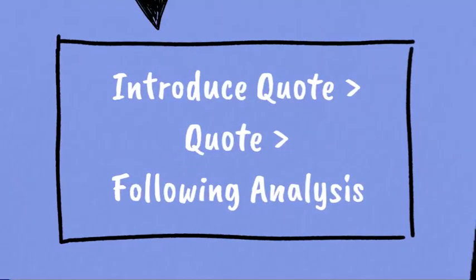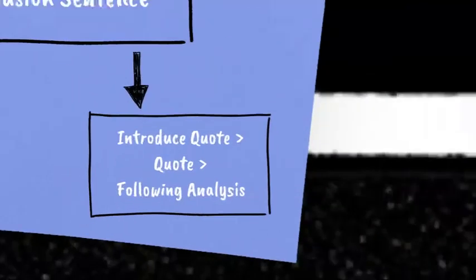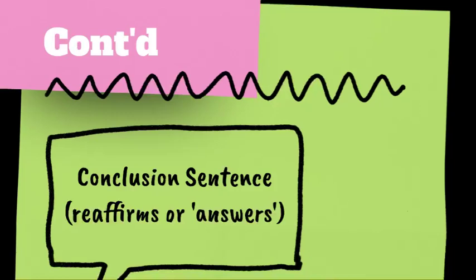Then, introduce your evidence, quote from your text, analyze the quote, explain how it supports your argument and/or research question. This is a rough skeleton for how you can tackle your body paragraphs. Then each paragraph should end with a conclusion sentence that either reaffirms your stance, which would be argumentative, or answers a smaller question, which would be research-based.